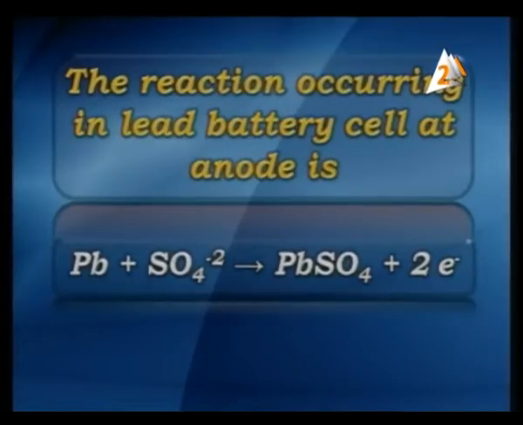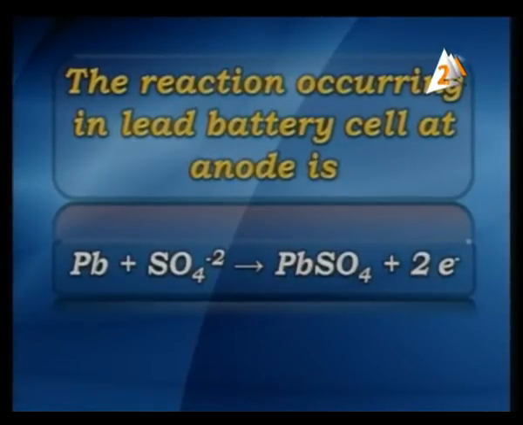Look at this. Here we have the reaction occurring in the lead acid battery at the anode. It's the half equation, or half reaction, of the following reaction of the acid battery. So what is the reaction here? The reaction begins with lead and SO4 negative 2. This is at the anode, take care. It directly gives PbSO4 plus 2 electrons. What does this mean?